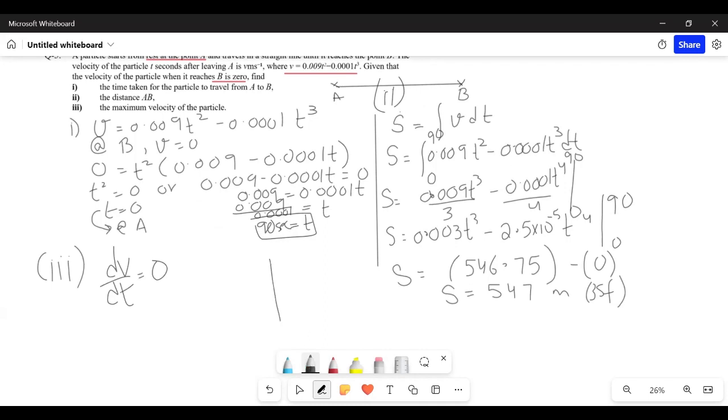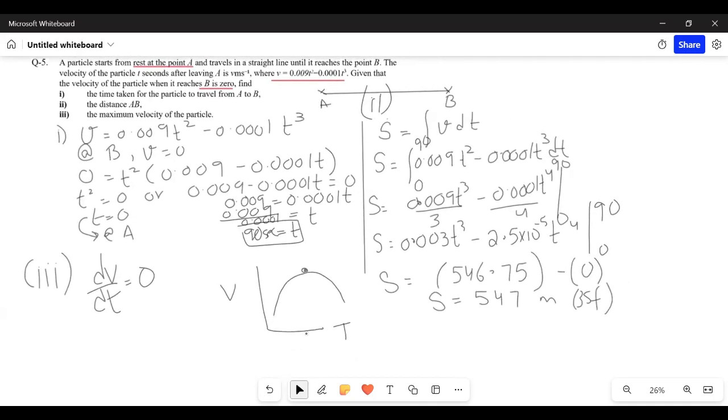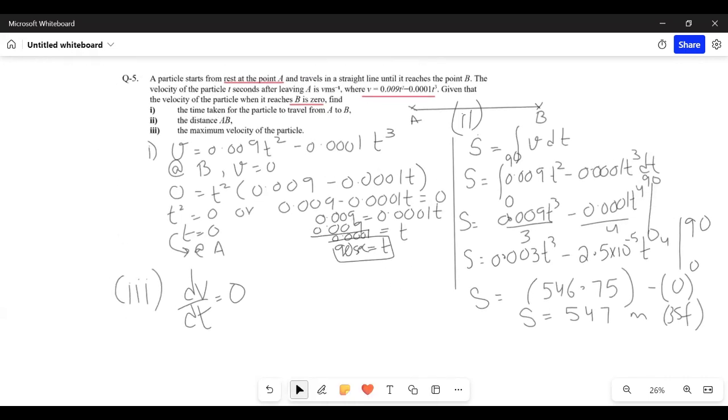Because if you're plotting velocity against time, and let's say the graph looks like this, then this is where the velocity is maximum. And if you draw a tangent at this point, it will have a gradient of 0. That's why we say that at the maximum velocity, dv upon dt is going to be 0. dv over dt is actually the acceleration.